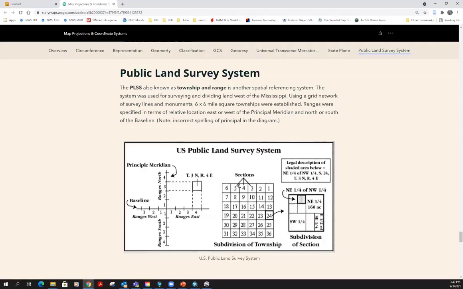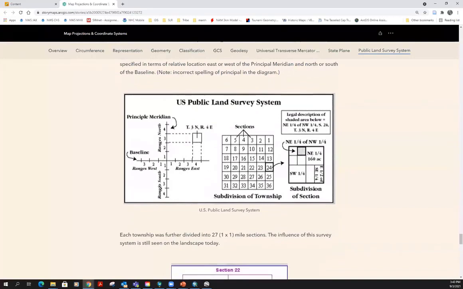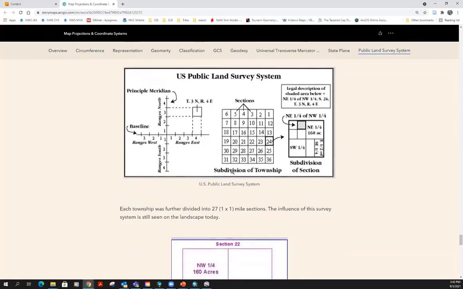Each of those would have a unique township number and range number referencing this. If you're from the Midwest or the Rockies or beyond, you will notice there's very often this Cartesian coordinate system nature, and the streets and the cities are all laid out on a grid system that reflects this.